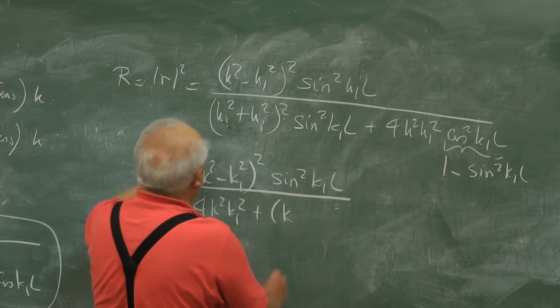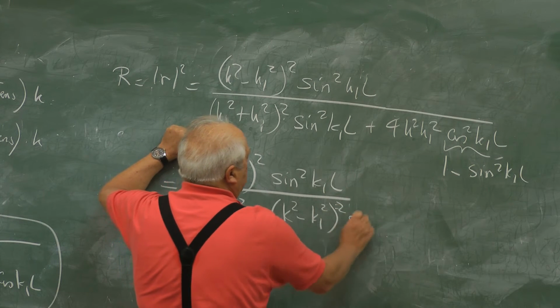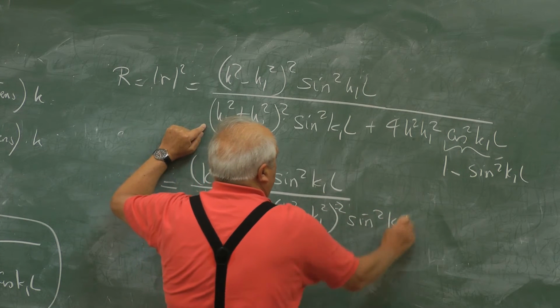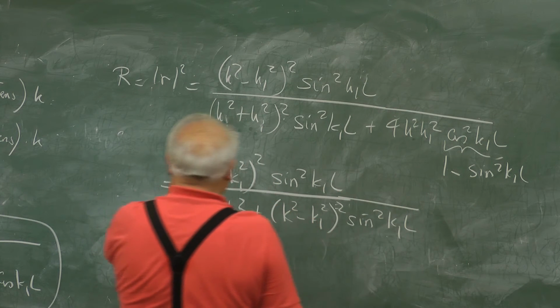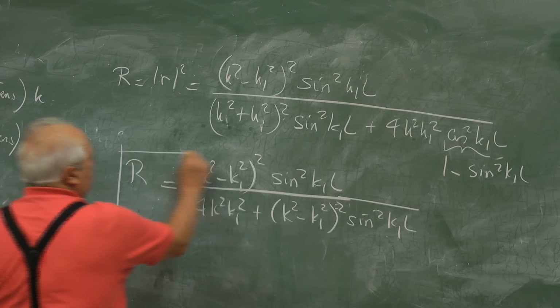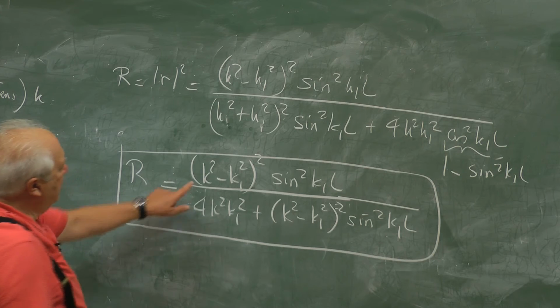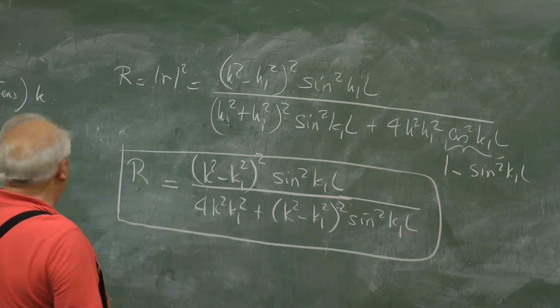So it is k square minus k1 square square sine square k1l. All right, so this is it. Reflection coefficient is this. When k equals k1, R is 0.